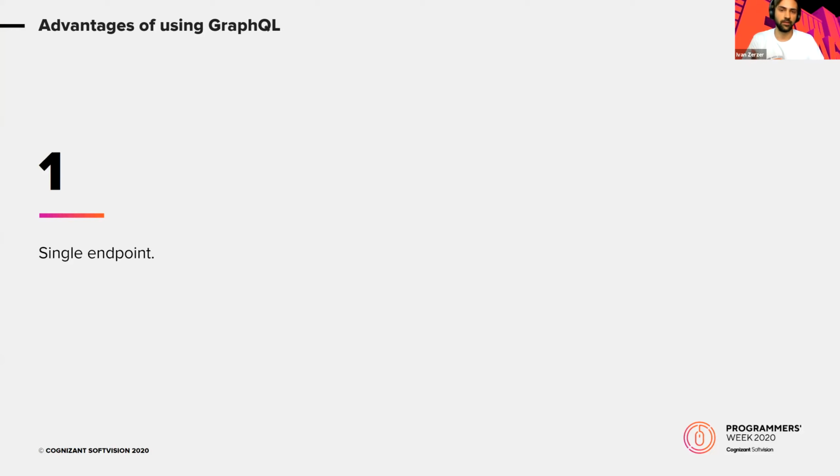Here, in REST APIs, you need to have controllers and endpoints for each of the entities that you want to retrieve and update. Here, everything changes. You have a single endpoint, which is a POST endpoint that you can hit to update your data, and to get your data only through queries that we are going to see on the next slides.